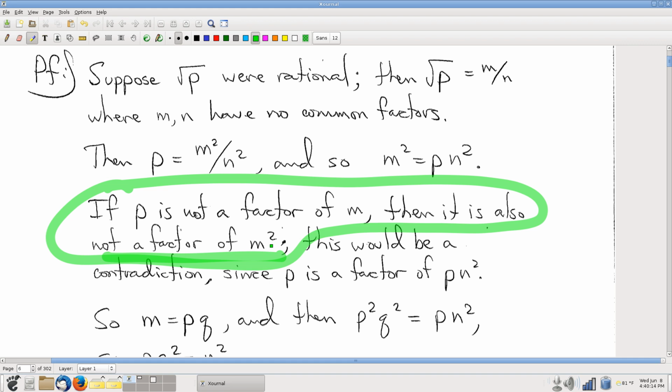But is 9 a factor of 15 squared? Well, 15 squared is 3 times 5 times 3 times 5, which is 3 times 3 times 5 times 5, which is 9 times 25. So p is not a factor of m, but it is a factor of m squared. The thing that makes that go wrong is that 9 is not prime.